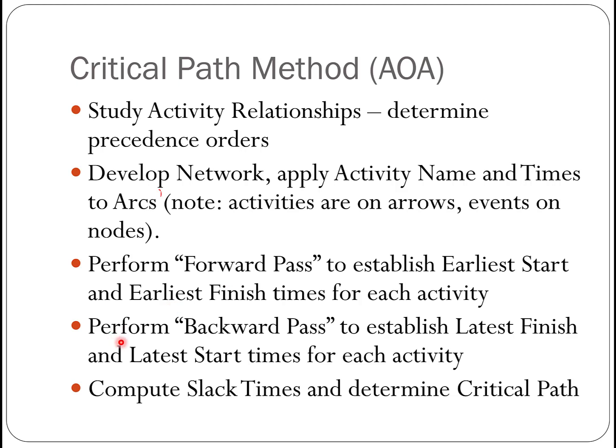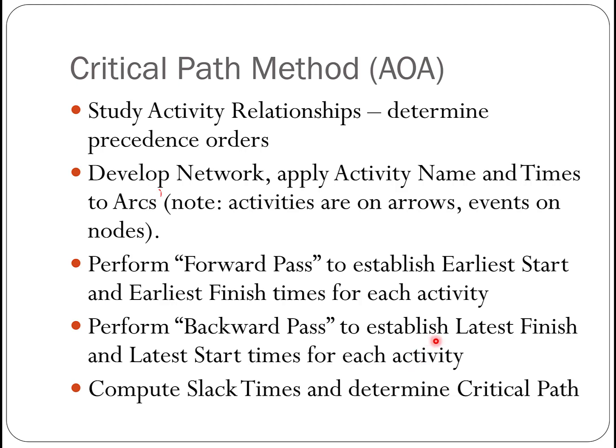And also we are going to find out the latest finish and the latest start time for each activity. So what is the latest time to start an activity without delaying the entire project? And also what is the latest time to finish an activity without delaying the project?